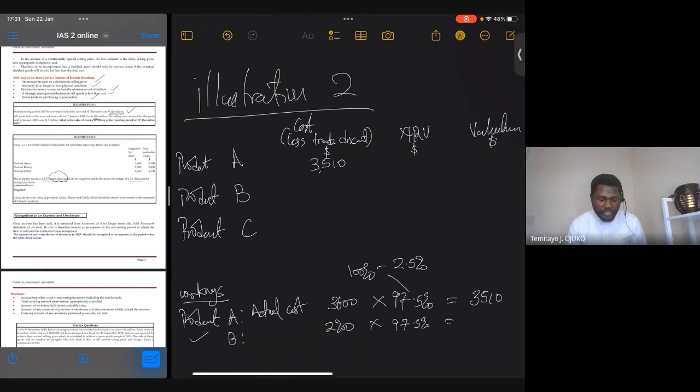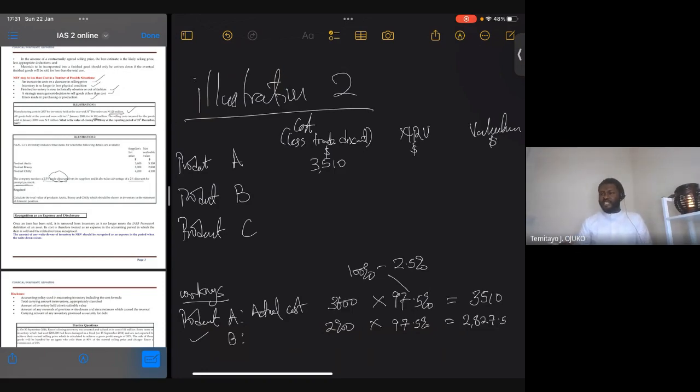Then I have 2827.5. So let me write that, let it show a bit clearer. So that is 2827.5.